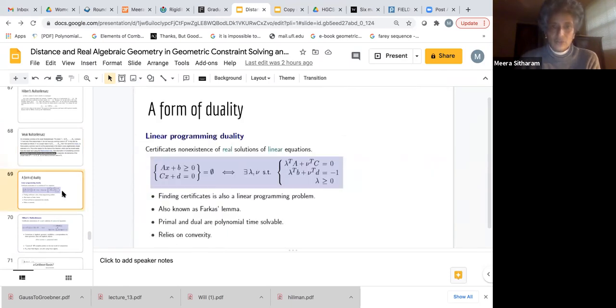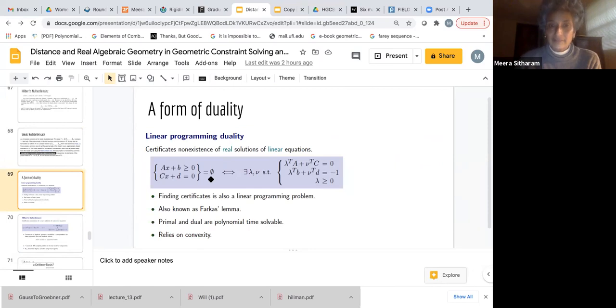One thing that I want to show, for those of you here who are used to linear programming and optimization, I know there are several of you, is an analogy that runs through the next few slides: this idea of duality.